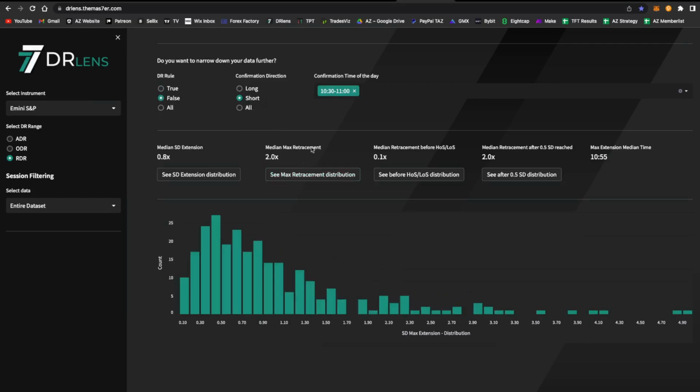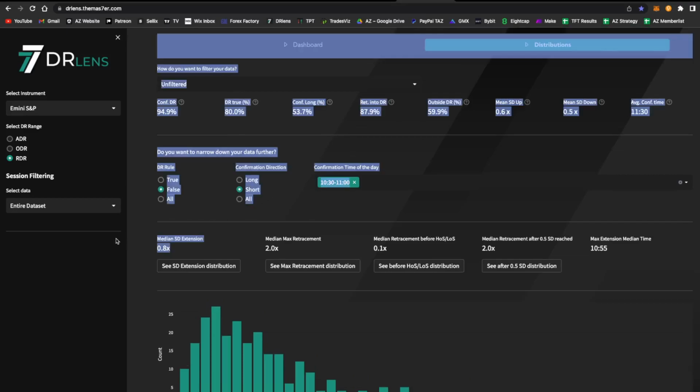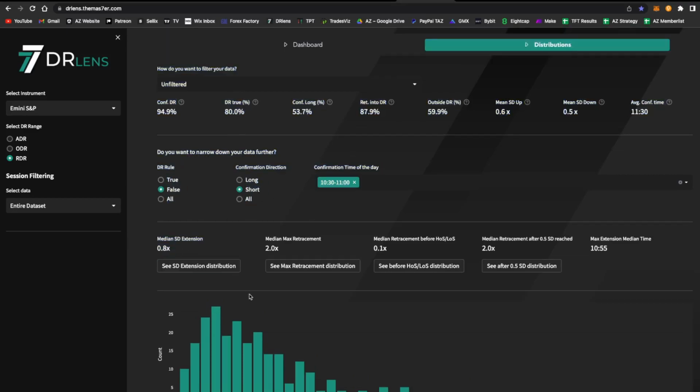Confirmation direction short. Confirmation time of the day, we would be looking at a median standard deviation to the upside of 0.6, 0.8. So I'm not sure exactly how the master is using all that data, but I think the DR rule, try all, not true or false on DR lens.